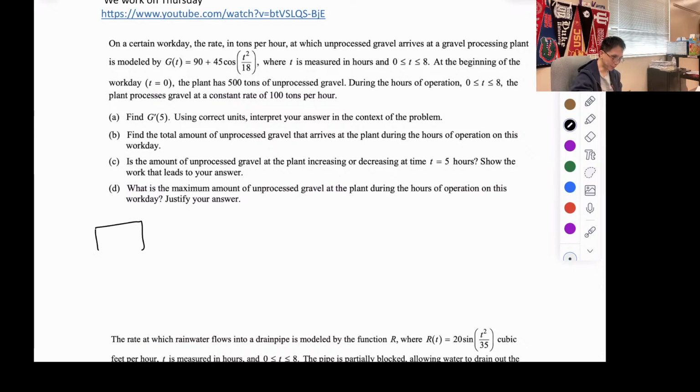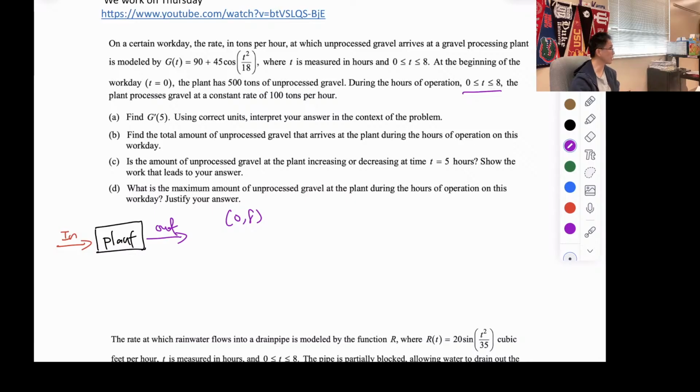There is a plant, right? It's processing gravel. There are things that go in and things that go out, right? And the domain is between 0 and 8. Why 0 to 8? Because they say the work day is 0 to 8.